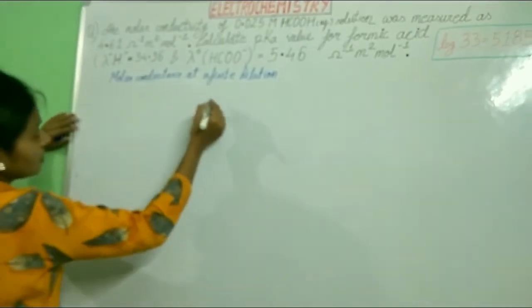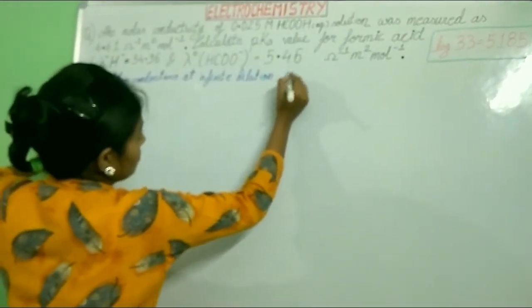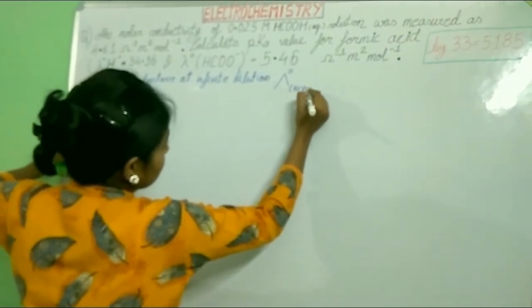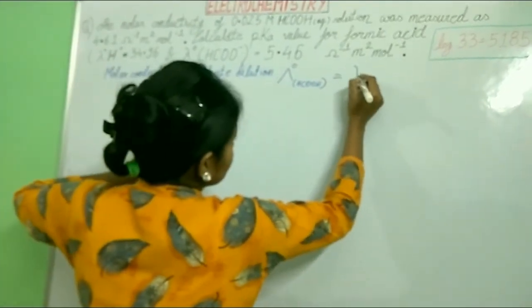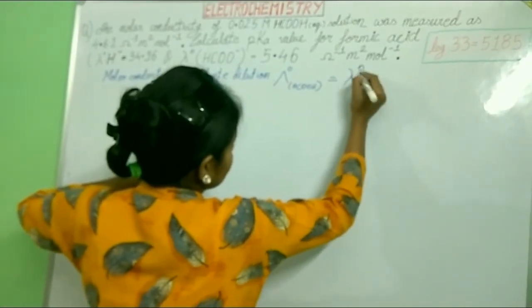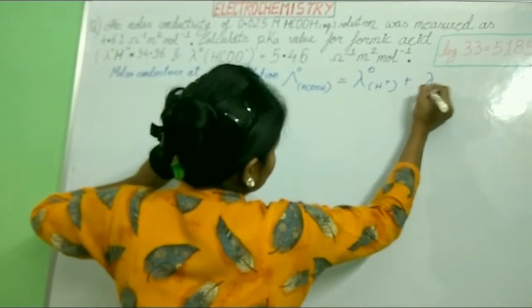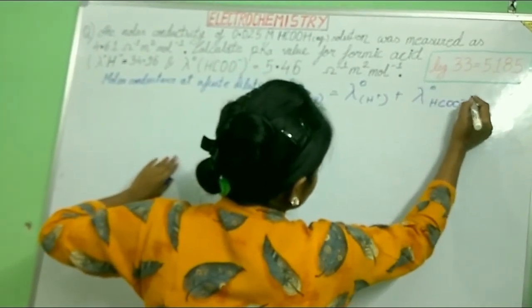So, molar conductance at infinite dilution, lambda naught for HCOOH, formic acid, is equal to lambda naught of H plus plus lambda naught of HCOO minus.